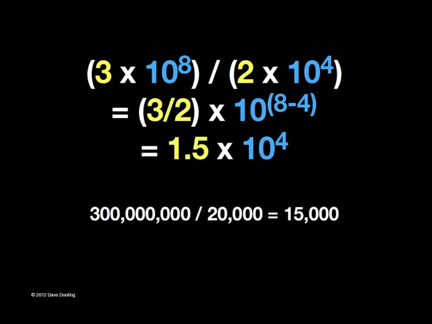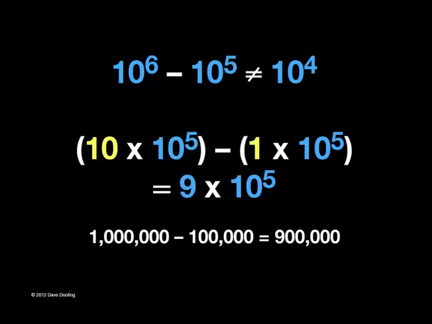To divide, 3 times 10 to the 8 divided by 2 times 10 to the 4 becomes 3 over 2 multiplied by 10 to the 8 minus 4, or 1.5 times 10 to the 4. 300 million divided by 20,000 equals 15,000.